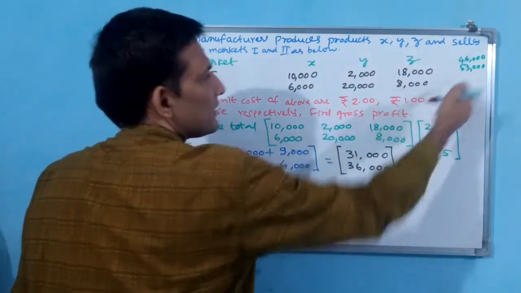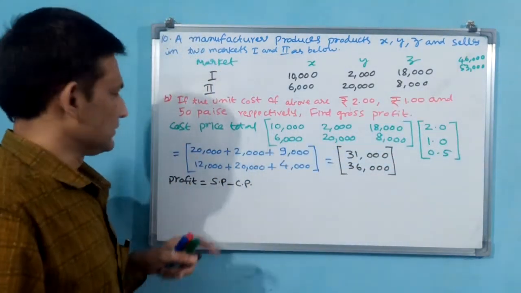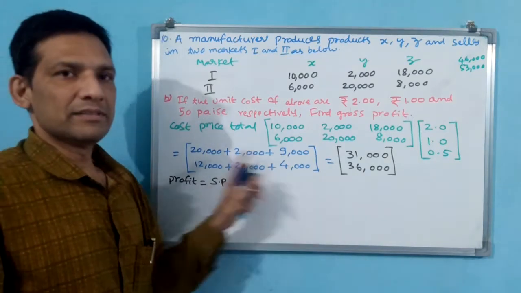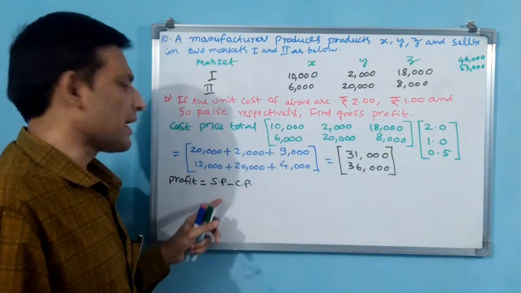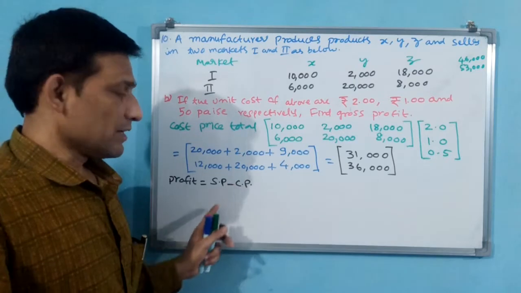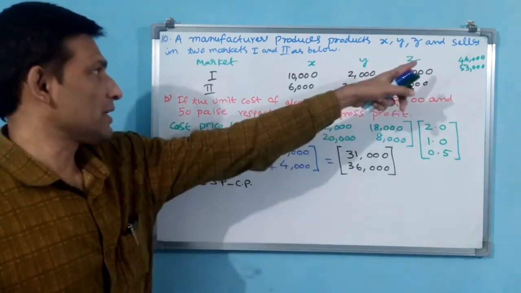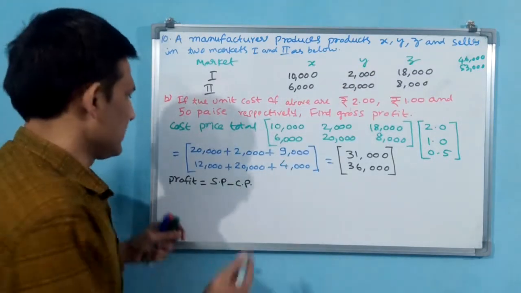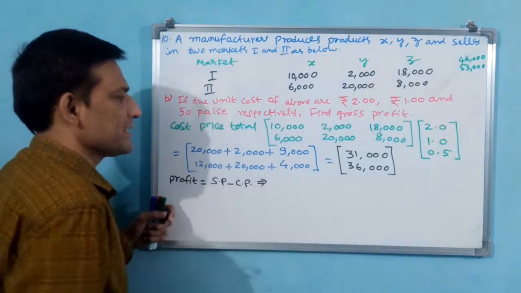The selling price is this one, which you have sold earlier. The cost price is this one. How to do this? With the matrix only. That matrix and this matrix you have to subtract.